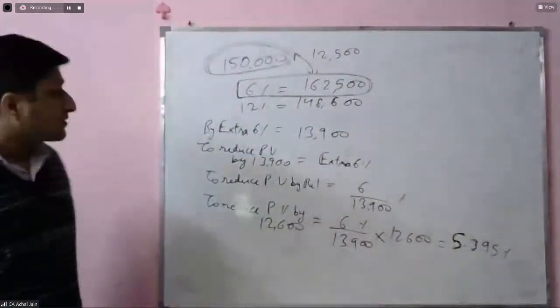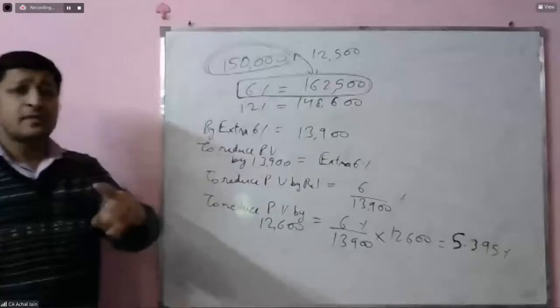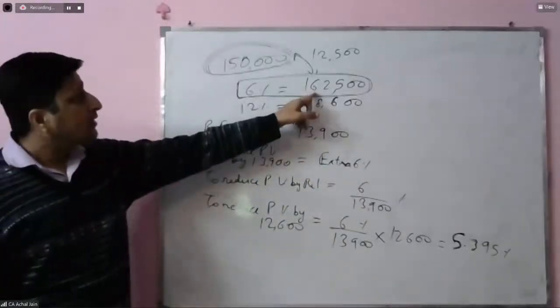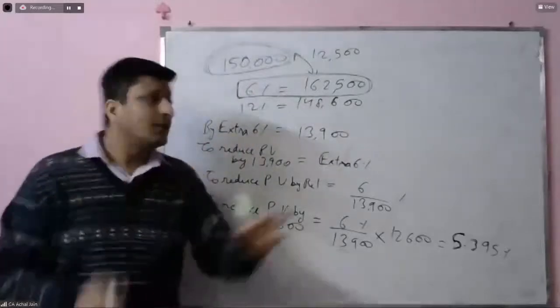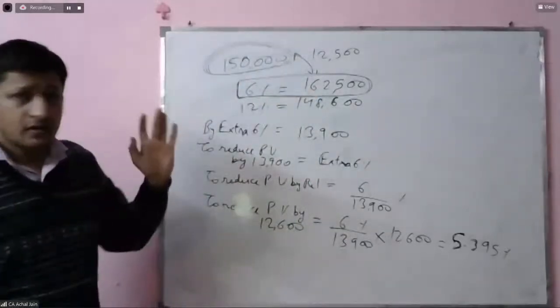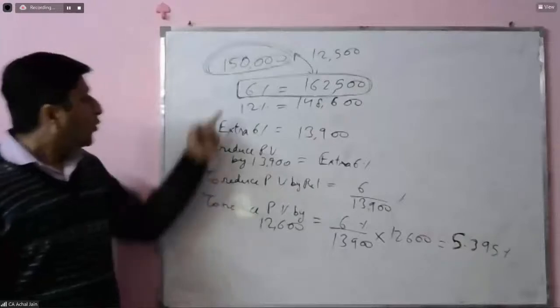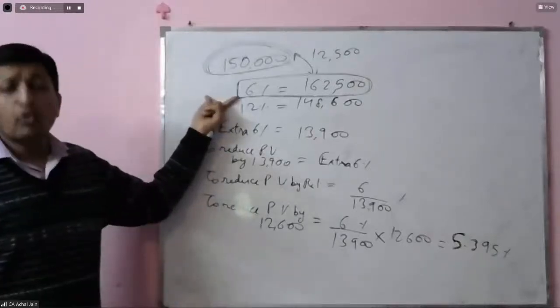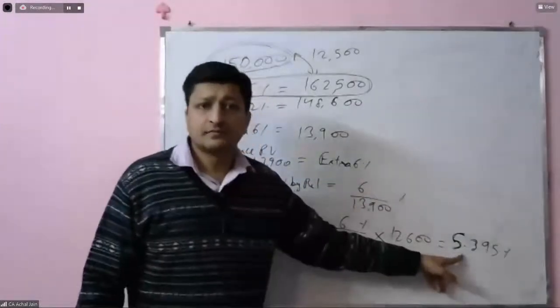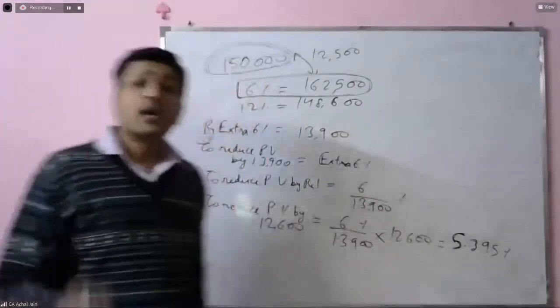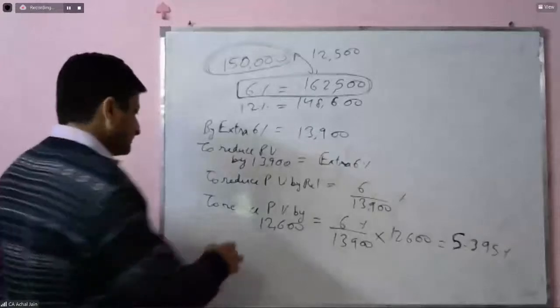Which means if I have to reduce my present value from this number to this number, then over and above 6%, I need to add this much percent. Which means what should be my interest rate?